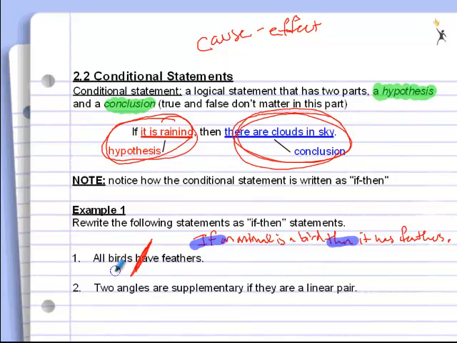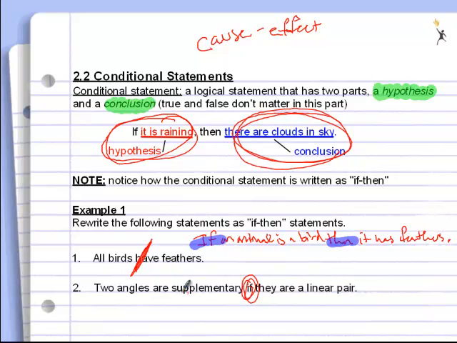Let's look at the second one. Two angles are supplementary if they are a linear pair. Again, we want to take this statement and write it as an if-then statement. The first thing that we get is we have an if right here. Now, it's written second. Two angles are supplementary if they are a linear pair.